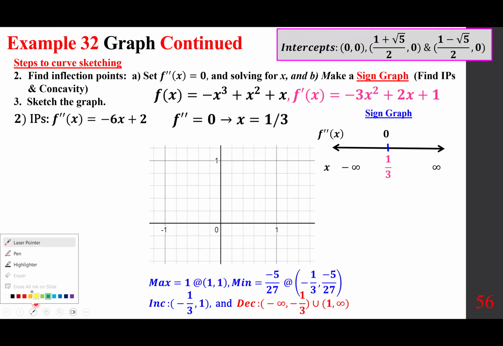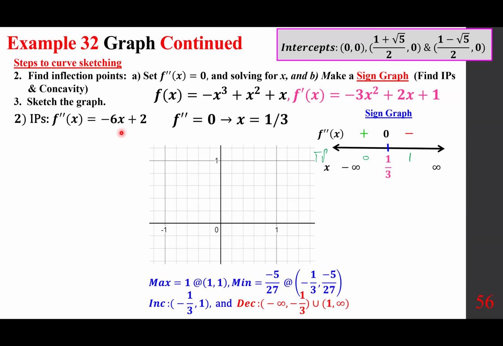So you pick up a number to the left. I'm going to call it again TP, test point. To the left of 1/3, the test point would be, for example, 0. To the right would be 1. Those are easy numbers. So if I plug in 0 into f double prime, I get positive 2. So positive, this one is negative. But they alternate.